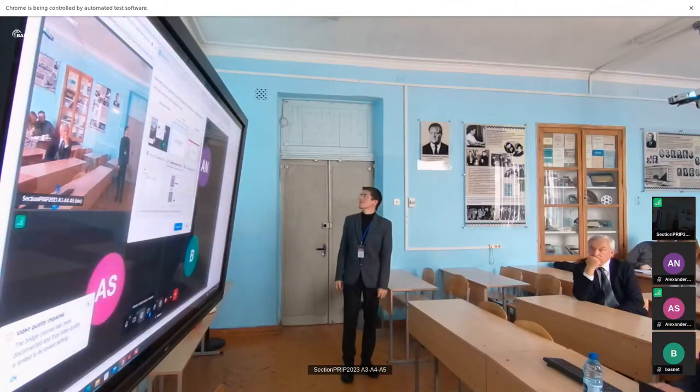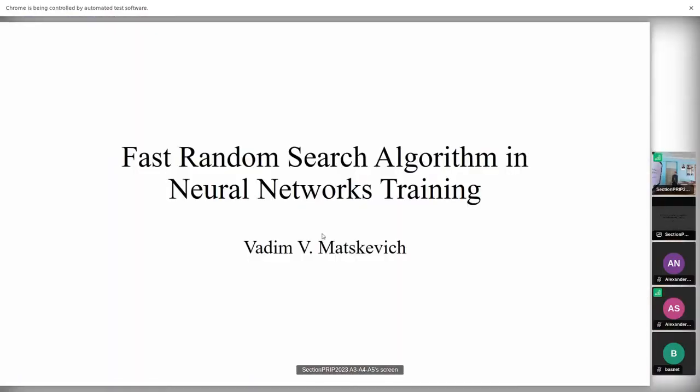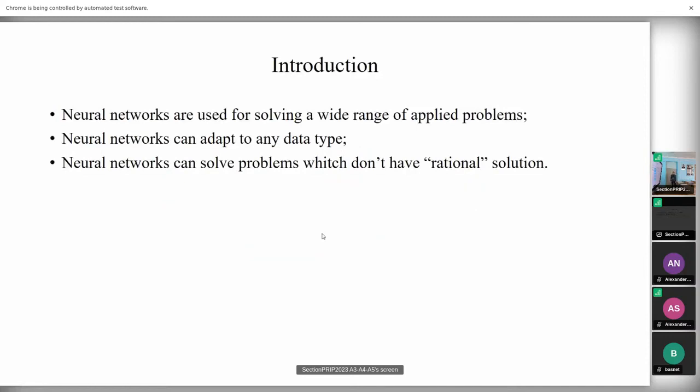Oh, you can start. My first report is on a fast random search algorithm in neural networks. Next slide. Let's talk about neural networks in general. Neural networks are used for solving a wide range of applied problems, as we see. They can adapt to any type of data, which is understandable.